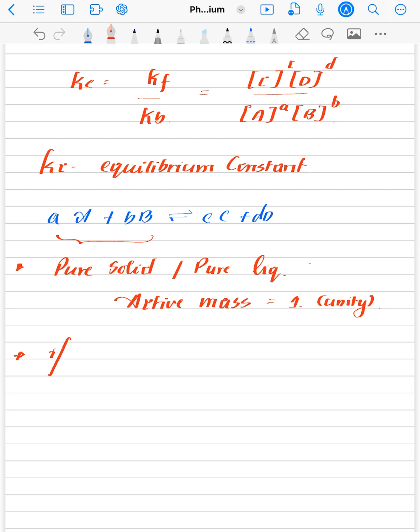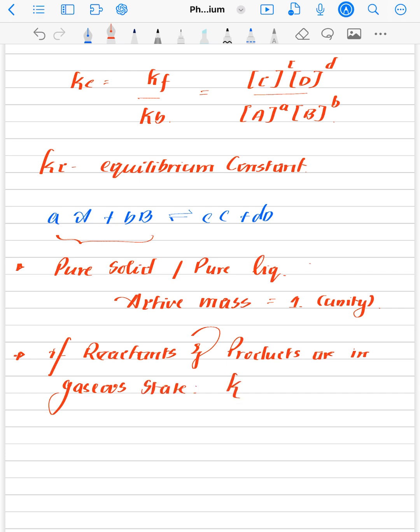Now the second point, this is our point number 1 and this is point number 2. By any chance, if the reactants and the products of a particular reaction are in gaseous states, then we will utilize the terminology Kp.